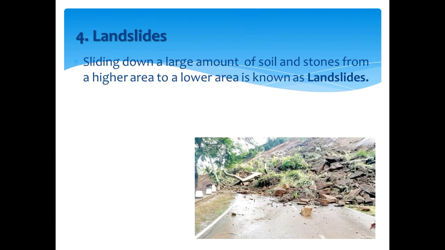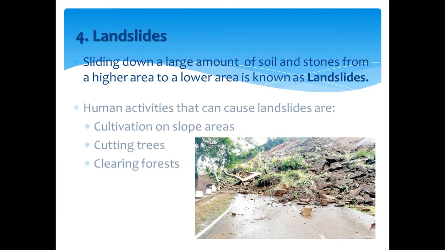Landslide is a natural disaster related to rain. Sliding down a large amount of soil and stones from a higher area to a lower area is known as a landslide.